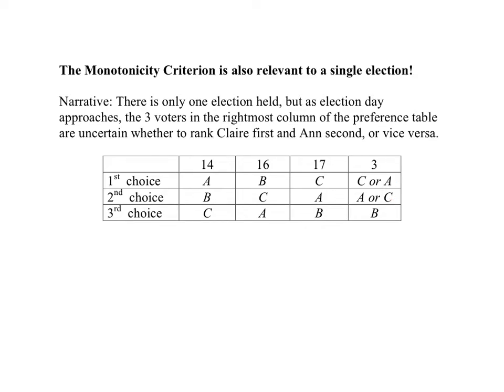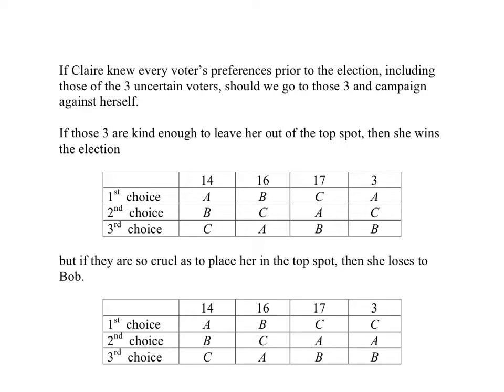What does that tell us? It means that if Claire knew everyone's preferences going into the election, and knew that those three voters had that uncertainty, then what would she do? She would be in the position of going to those three voters and saying, please, don't vote for me in first choice. Put Anne ahead of me. Leave well enough alone. She's hoping that they're going to do that. What she hopes they won't do is, God forbid, put her in first choice, because then she would lose the election.